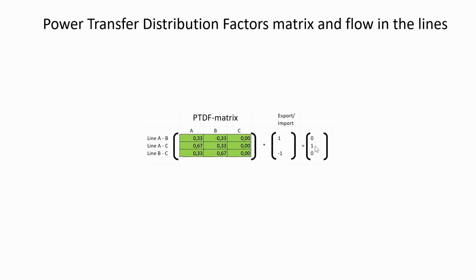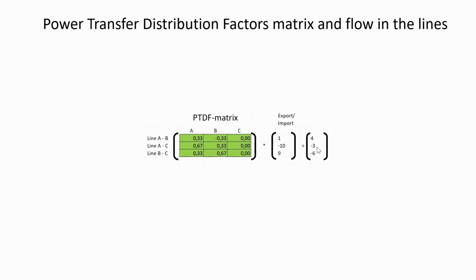If I say that there will be an import to area B of, for instance, 10, then you can see that there still will be an export of 1 from A, and now there will be an export from C of 1 to area B. And here you can see the flows in the system.